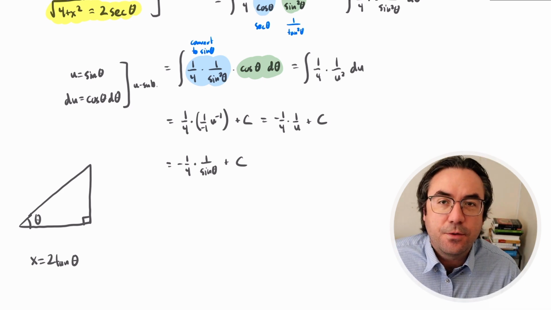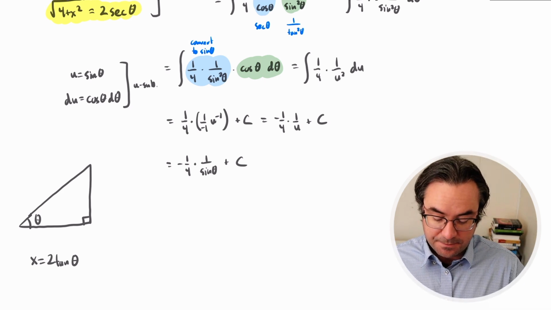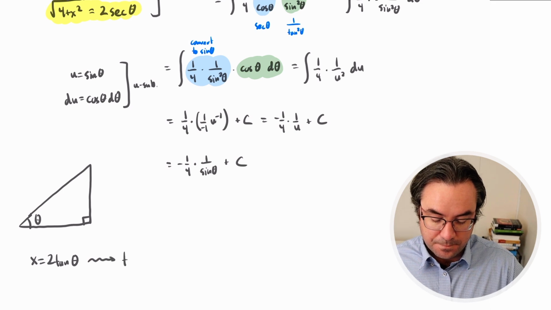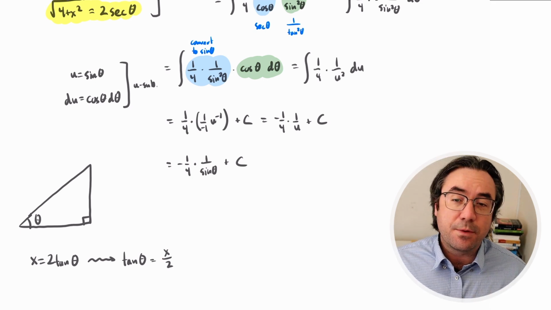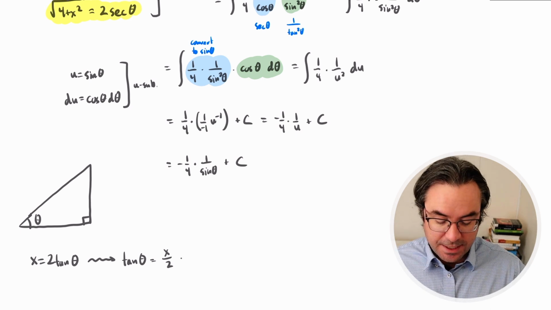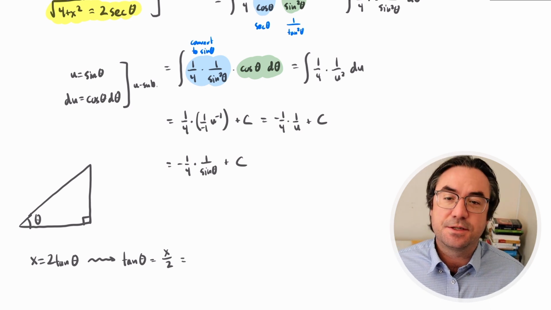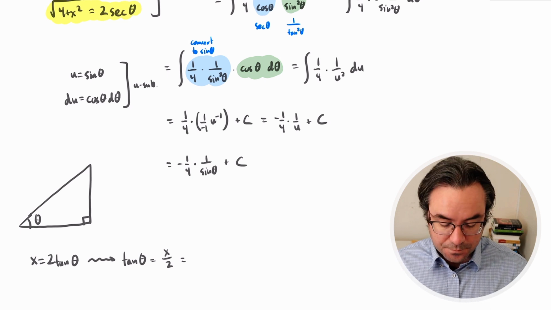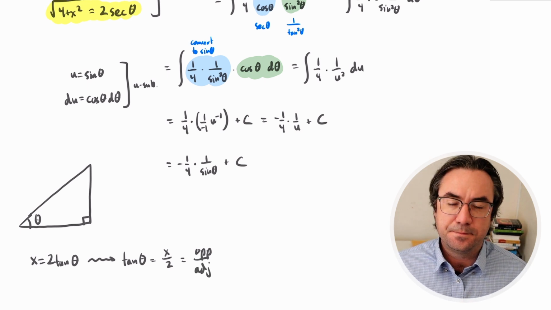Let's solve that equation for tangent theta, so divide both sides by 2. If we remember what tangent theta is, it's the opposite side over the adjacent side.